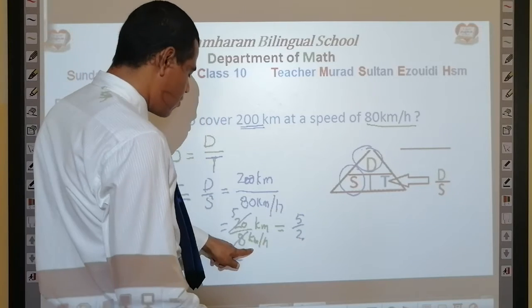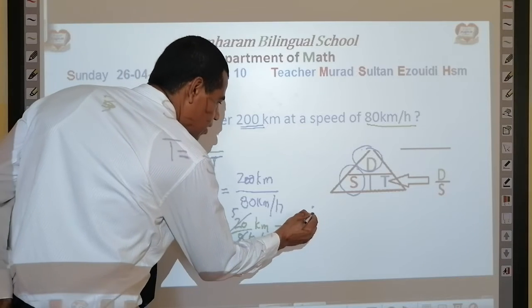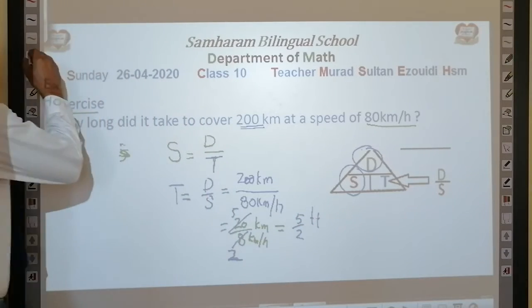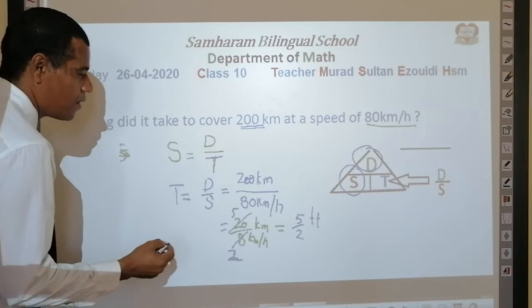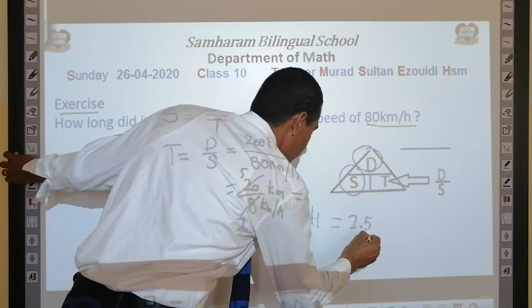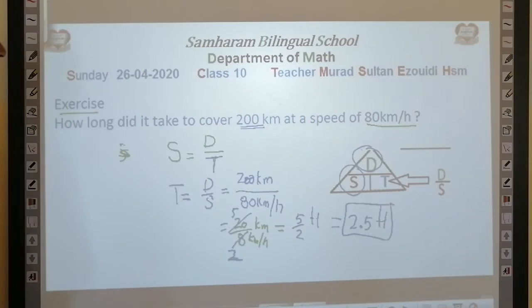Okay. The unit is what? The unit is hour. So 5 divided by 2 is what, my learners? Is equal to 2.5 hours. Okay. The next question.